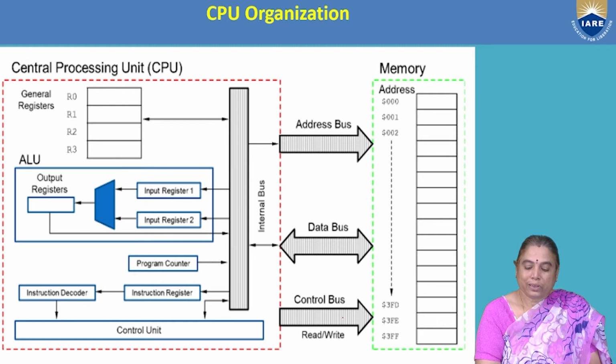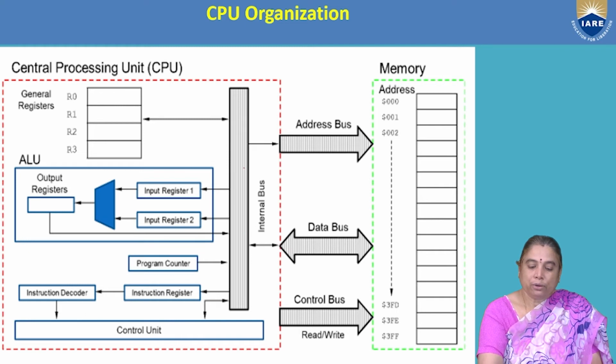The control bus generates the control signals, those are the read or write signals. Depending upon that, the control bus can activate either the memory read or memory write operations. Within the CPU, one more internal bus is there in order to connect the internal parts of the central processing unit.